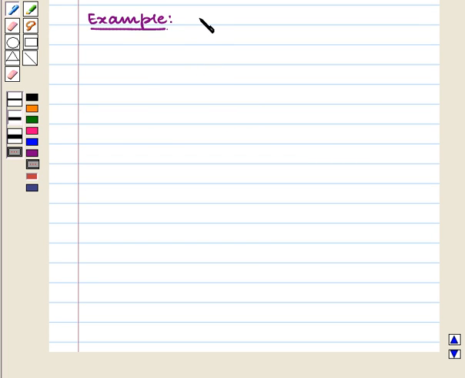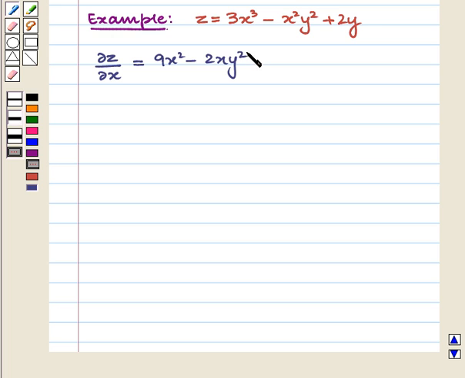Let us consider an example where z is equal to 3x cube minus x square y square plus 2y. We discussed this example earlier and we found that the partial derivative of z with respect to x, that is del z by del x, is equal to 9x square minus 2xy square.